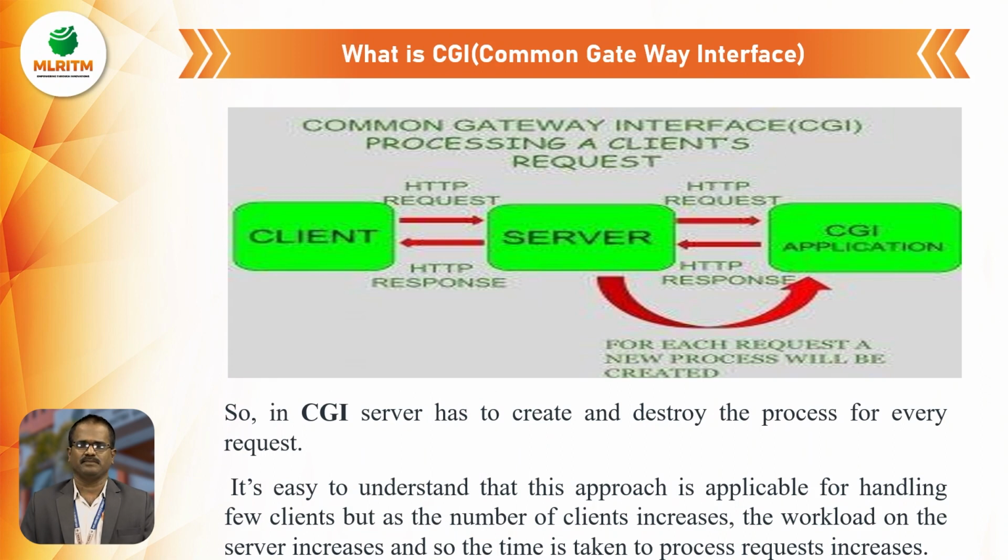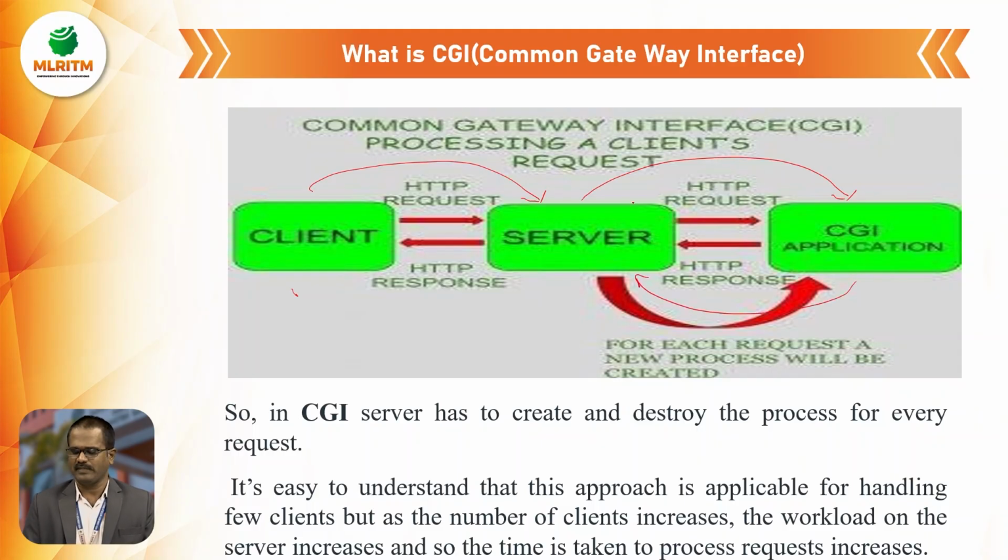See, this is the diagram of how CGI is used by the web server to handle the HTTP requests. The client requests a particular URL in the form of an HTTP request. After receiving that, the server generates a process and invokes the CGI application scripts. Then the CGI application scripts generate the HTTP response and send it back to the server.